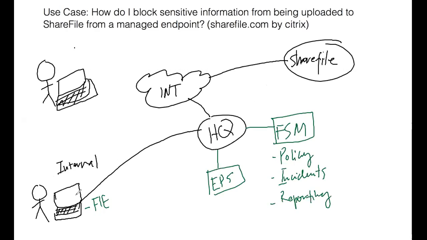I told him to put the endpoint in, and this endpoint has a copy of the DLP policy to protect Social Security and credit card numbers. We tested this in the lab, looking for Social Security numbers and credit card information. Now with this scenario, if the user tries to upload files again to ShareFile, it will be blocked because we are monitoring the browser now.